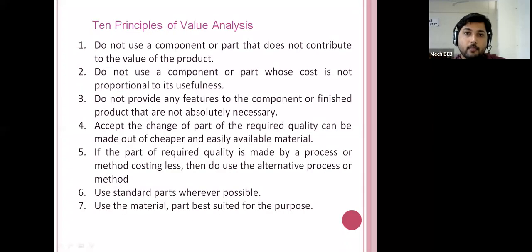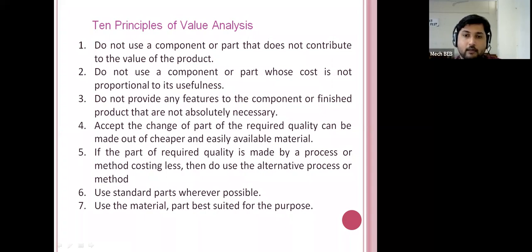Okay, then there are 10 principles of value analysis. The first is: do not use a component or a part that does not contribute to the value of the product. Let's take the example of a stapler. The use of a stapler is to join two pages.